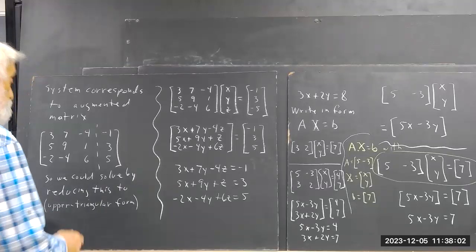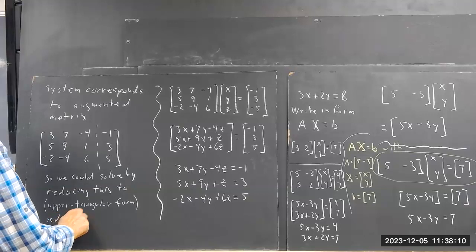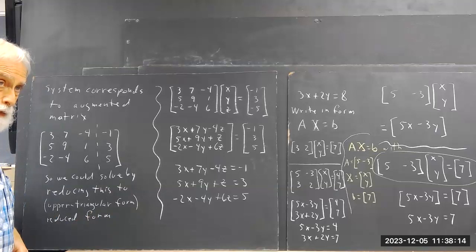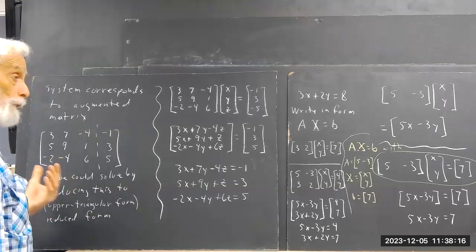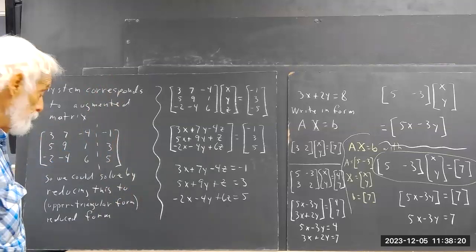But I'll mention that this is an upper triangular form, but this is what I've called reduced form. You reduce the matrix until you've got ones and zeros. It's all ones and zeros.